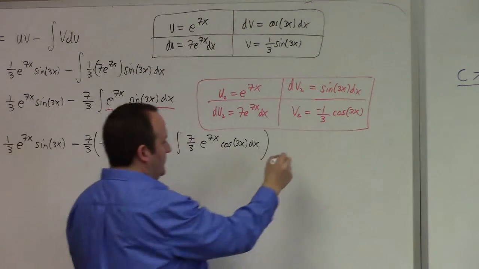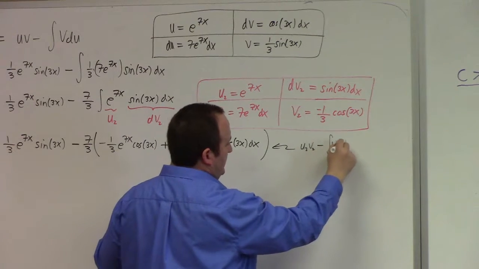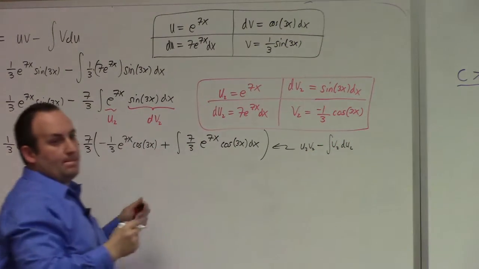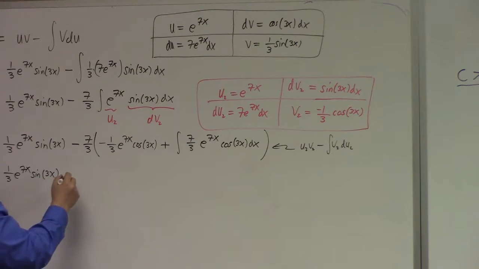Again, what I put in parentheses here is exactly just u2 v2 minus the integral of v2 du2. That's what's inside the parentheses. Now be careful. The parentheses are your friends. Neglect them to your own peril. That's usually the sort of comment I make right before I make a horrible mistake based on not appreciating parentheses.